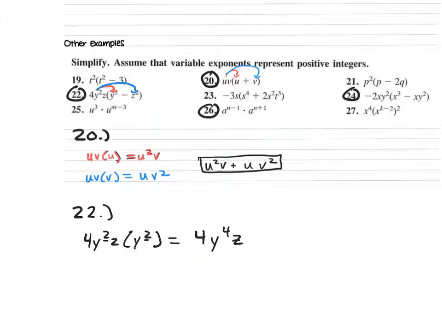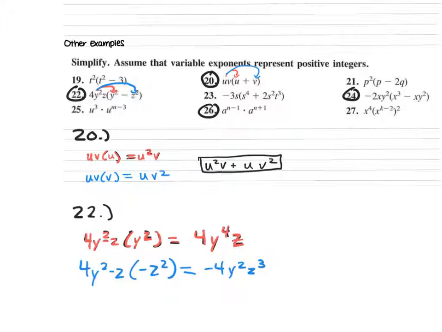I don't know why I keep switching from red. Sorry, I just want to make sure this is color-coded. Okay, there's our first term. And then you multiply it by the negative z squared. Then you get negative 4 y to the second power plus, well, just z to the third power.